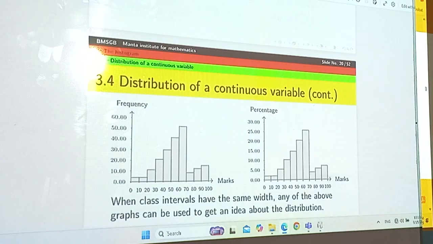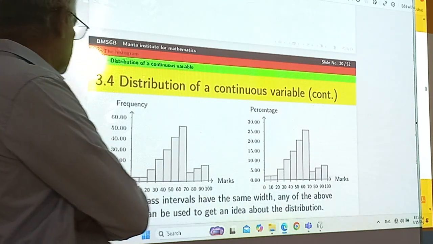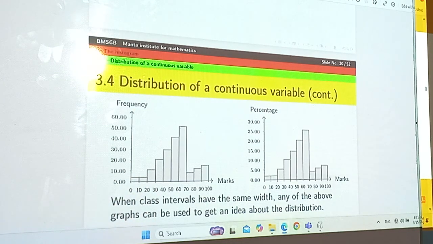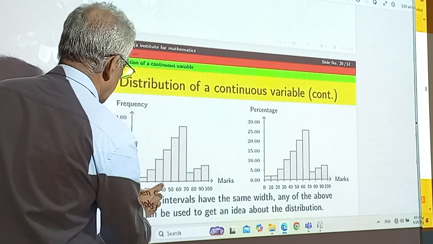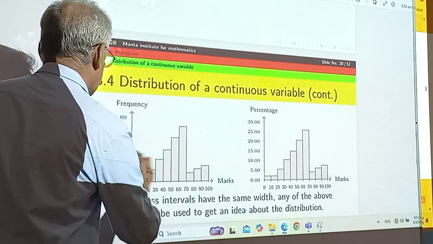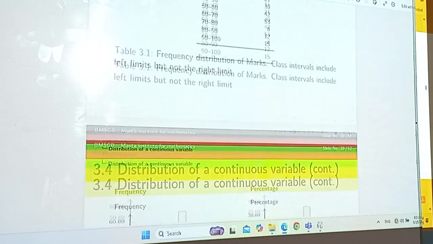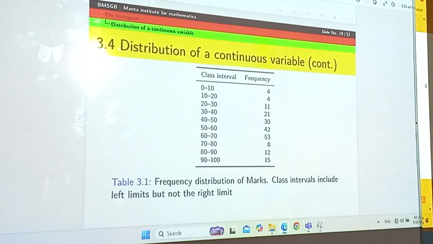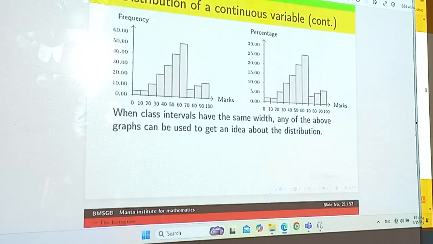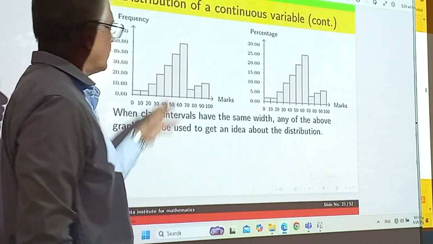Okay, to help you, let me ask you, what will be the frequency between 40 to 45? 40 to 45 is here. So suppose this is 30. Forty to 50 is 30. So what will be the frequency from 40 to 45?